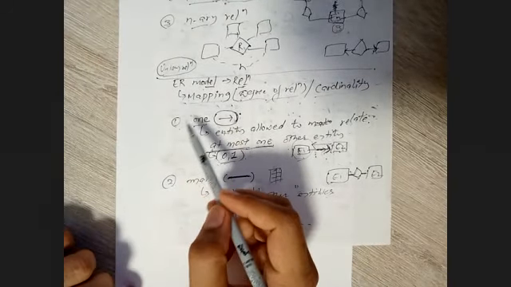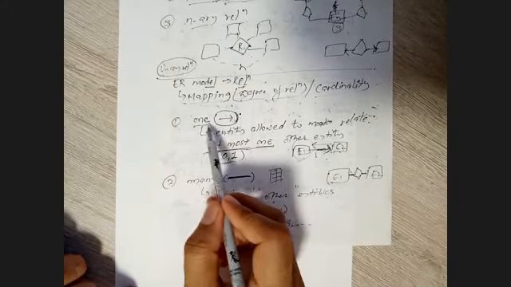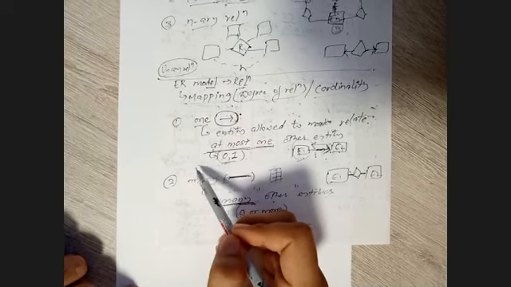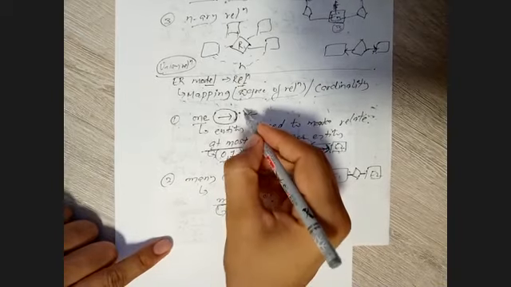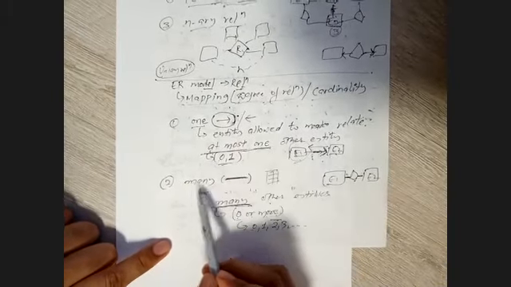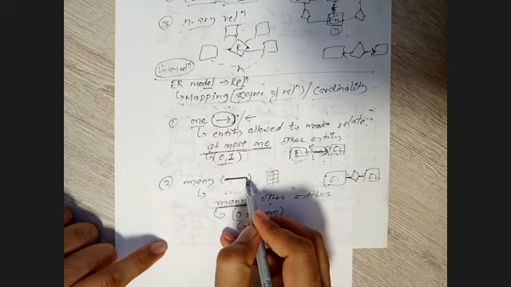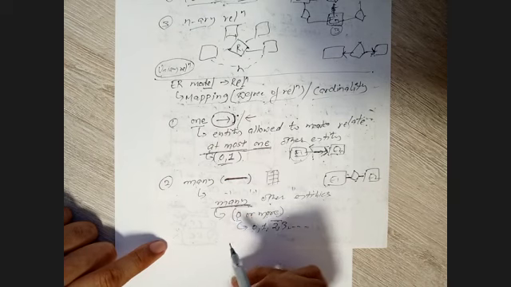In this mapping, we have two different types. One is called one, denoted by an arrow, in either direction. The other is many, where we don't have any arrow, just a line segment between the relation and the entity.